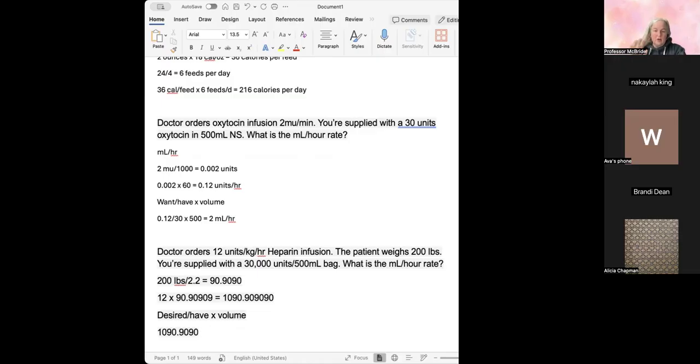So keeping it big on your phone or calculator, sorry, mine's on my phone, is what we want. Divided by what we have. What do we have? So we have 30,000 units. 30,000 units.